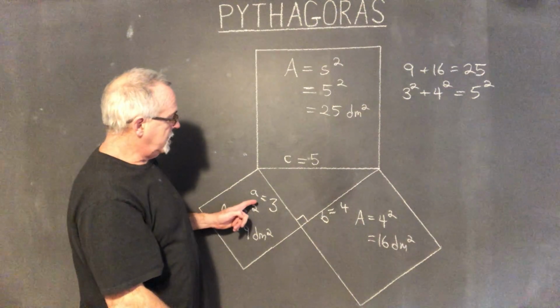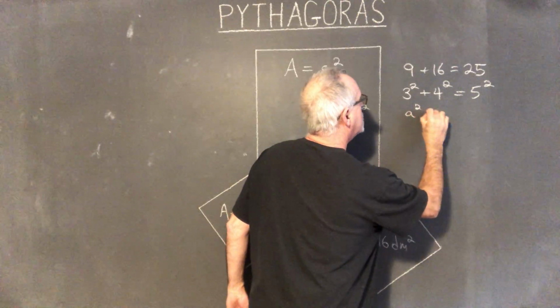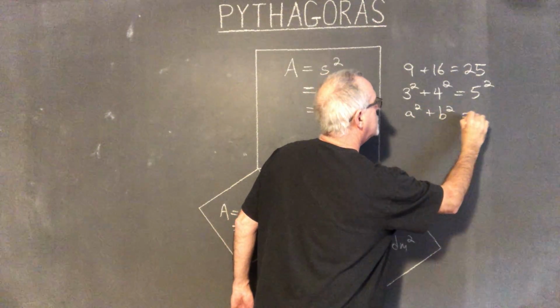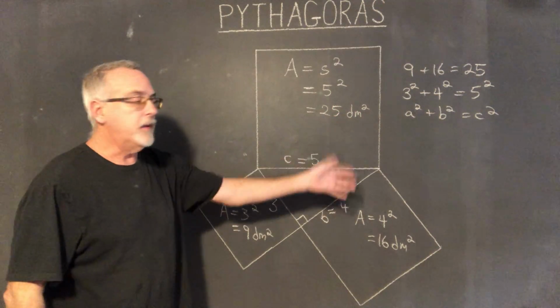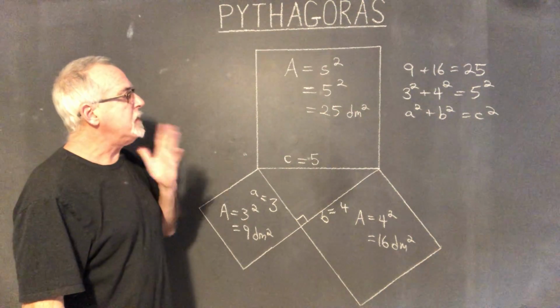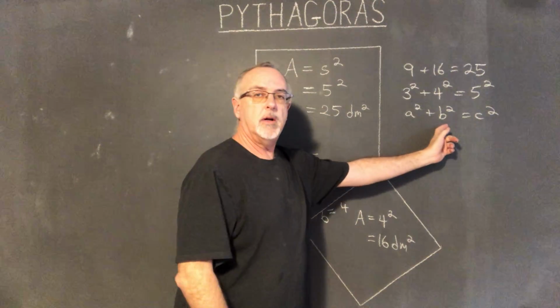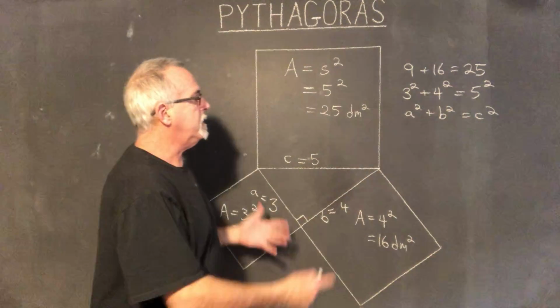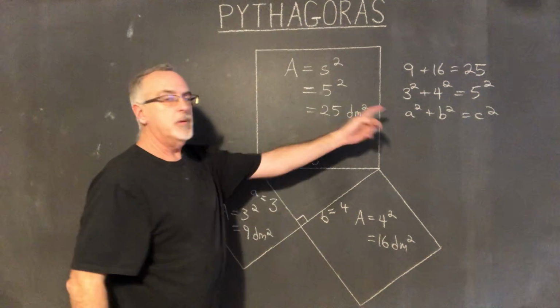So the letters are A and B and C. So we end up with A squared plus B squared equals C squared. And we have the Pythagorean Theorem formula. So that's neat because this formula works for all right triangles. If you tried to do this little experiment with a triangle that was not right, it would not work.